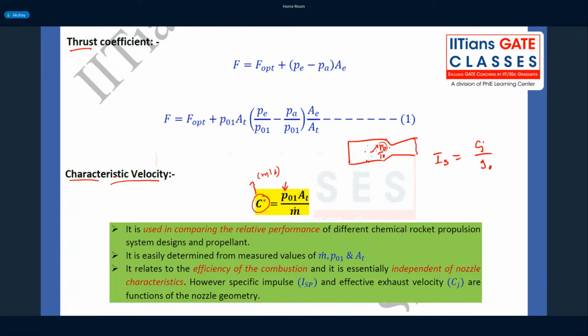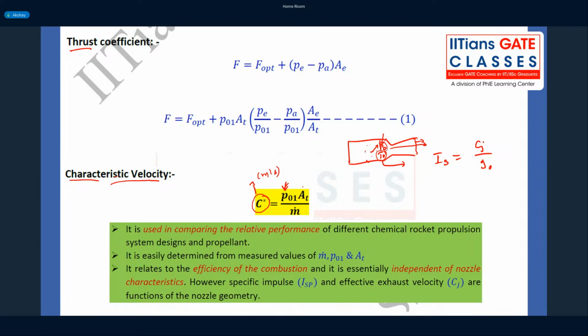Because that helps you in generating more mass flow rate, whereas increasing the temperature will help you in increasing the velocity, because temperature is a direct measure of energy. So in the system, temperature dictates the velocity at which the mass is ejecting, whereas pressure dictates the amount of mass that is being ejected out of the system. That is why we usually raise the pressure and temperature within the system before it starts expanding. So that is what happens at the chamber.